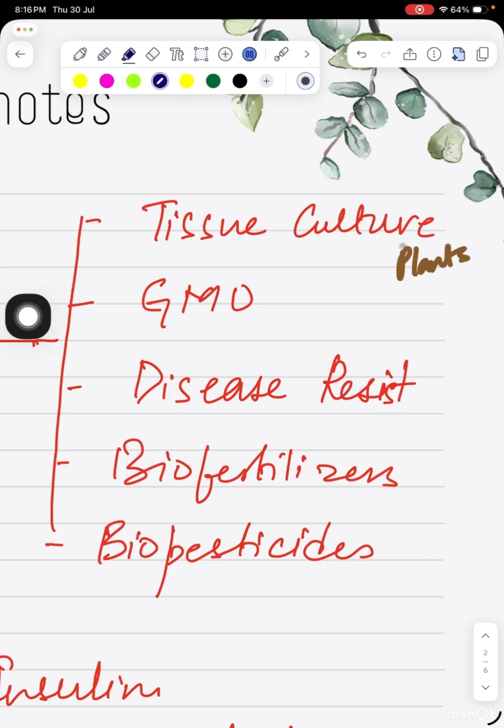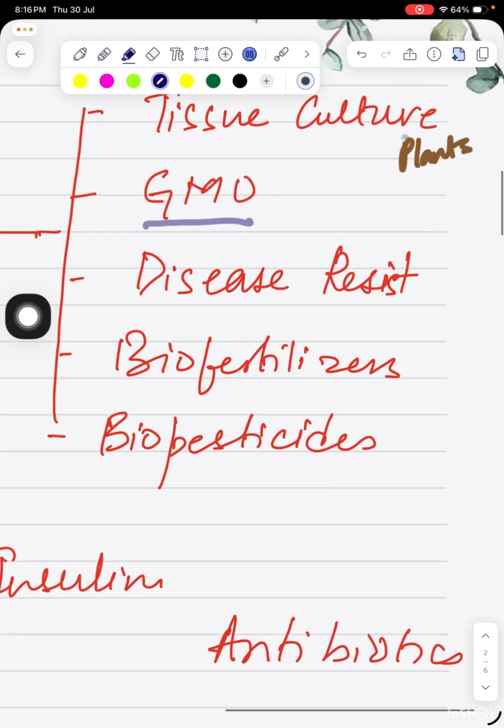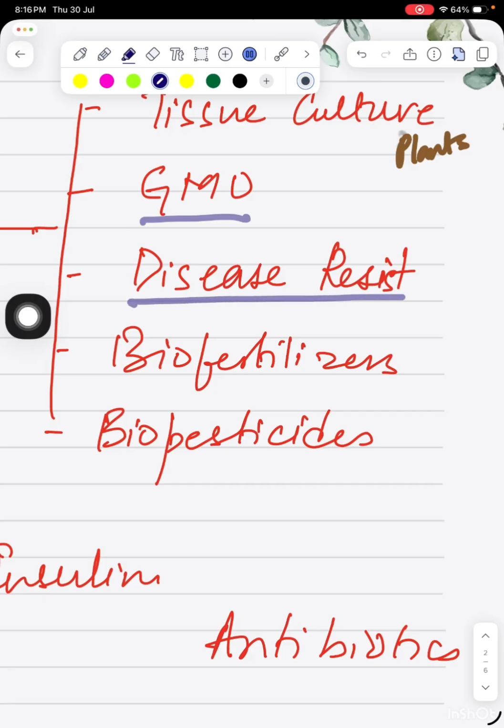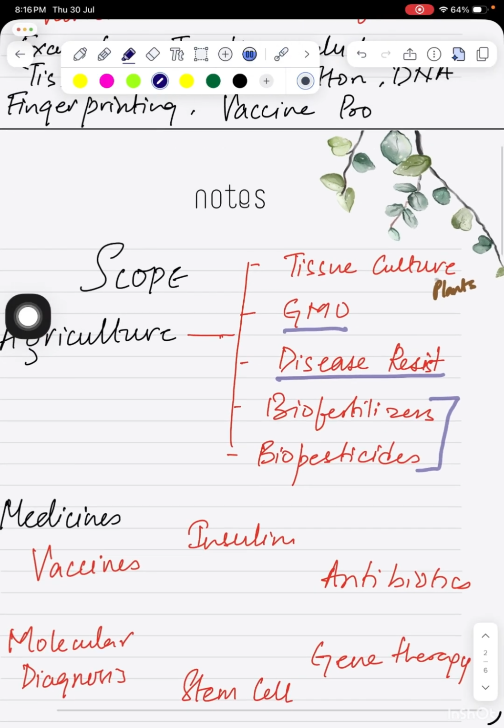GMO is genetically modified organisms. Disease resistance is a very important feature, where we develop different categories of plants which are disease resistant. To fight against the pathogen, such disease resistant varieties are developed, and that is ultimately helpful for the farmers. Same for the biofertilizers and biopesticides, which ultimately help the farmers.